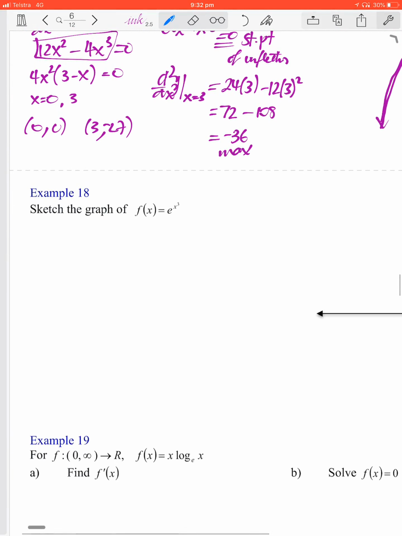Okay, so sketch the graph of e to the x cubed. So f dash of x, we know, is the derivative of the power, 3x squared, times e to the x cubed.